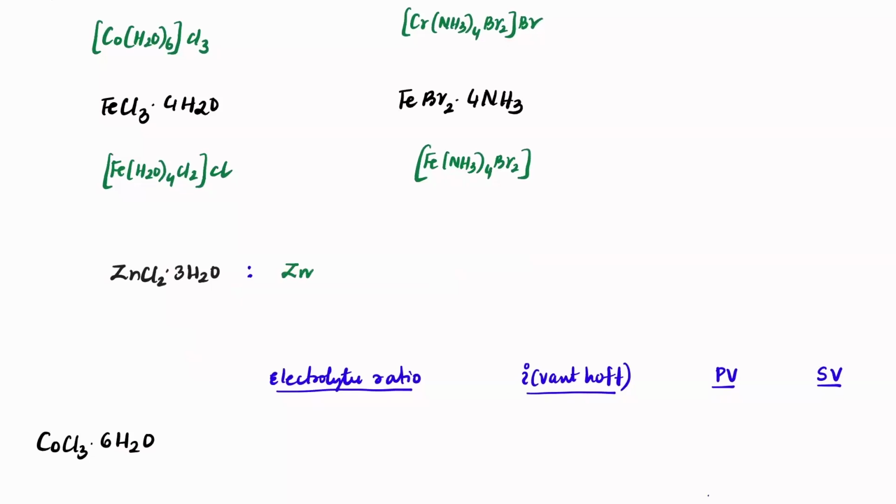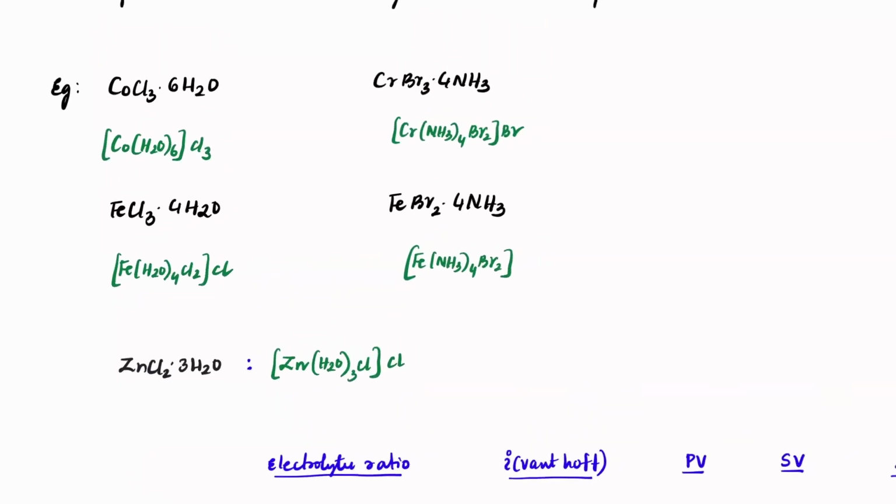Zinc. Now, this is interesting. No matter how much you combine, the number of neutral molecules and the anions together do not come out to be 6. Only in such cases, there must be a 4 ligand complex. So, chlorine. This is 4 ligands, and then 1 Cl will be outside. So, this is how the complex representations will be.